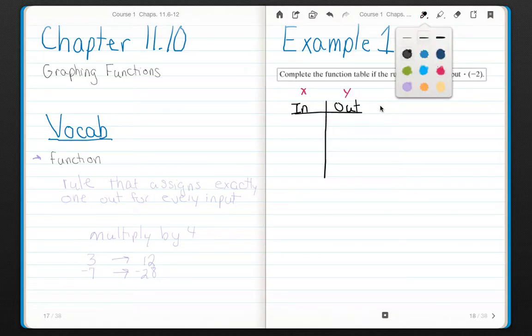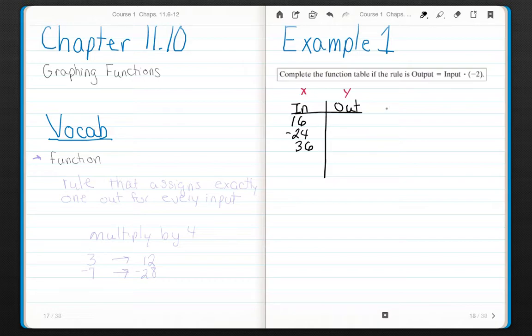So let's say I have the numbers 16, -24, and 36. My rule is my input times -2.